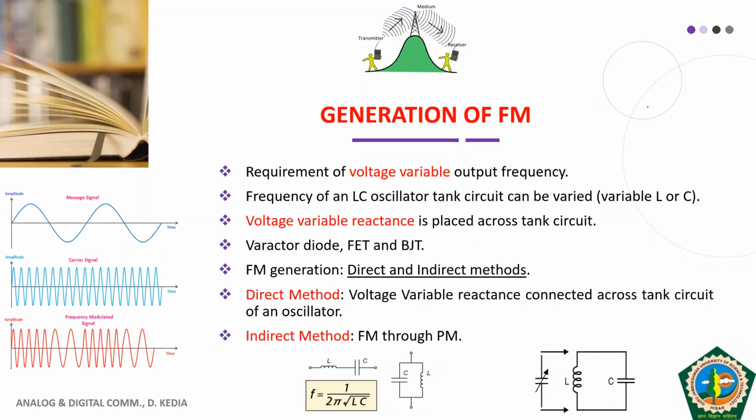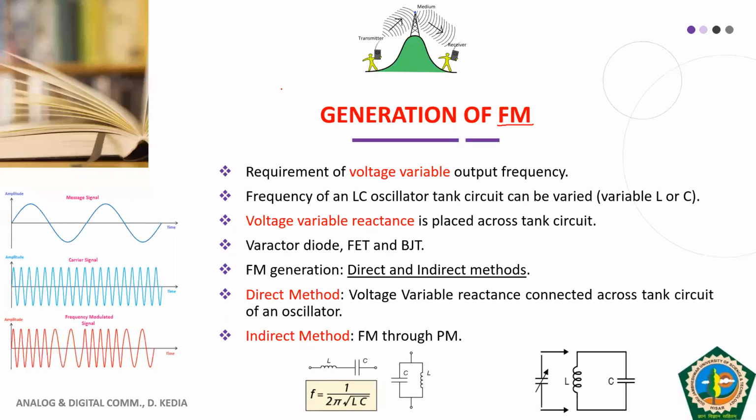Okay, so the next important part that we need to understand now is the generation of frequency modulation. Okay, so first, we need to understand what do we require for generating an FM signal. Fine. So what actually is there in FM? FM means frequency modulation, means we are changing the frequency of the carrier in accordance with the instantaneous value of the modulating signal.